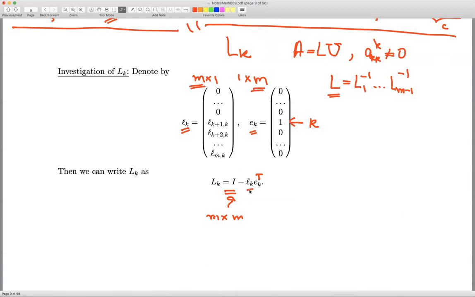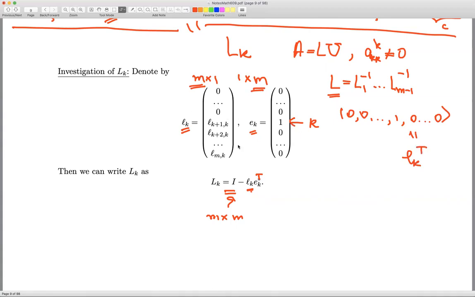So once I multiply lk by ek transpose, I will end up with a matrix of dimension m times m. Here is 0, 0, and so on, 1, and 0. This is the vector ek transpose.